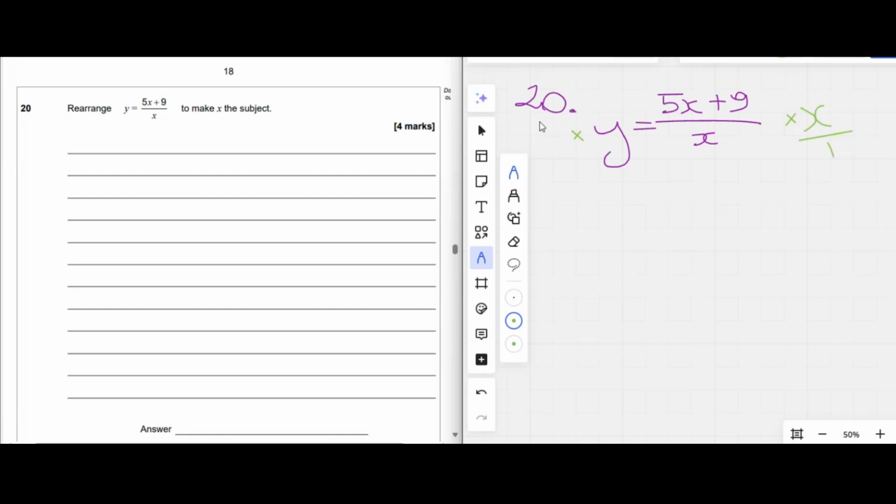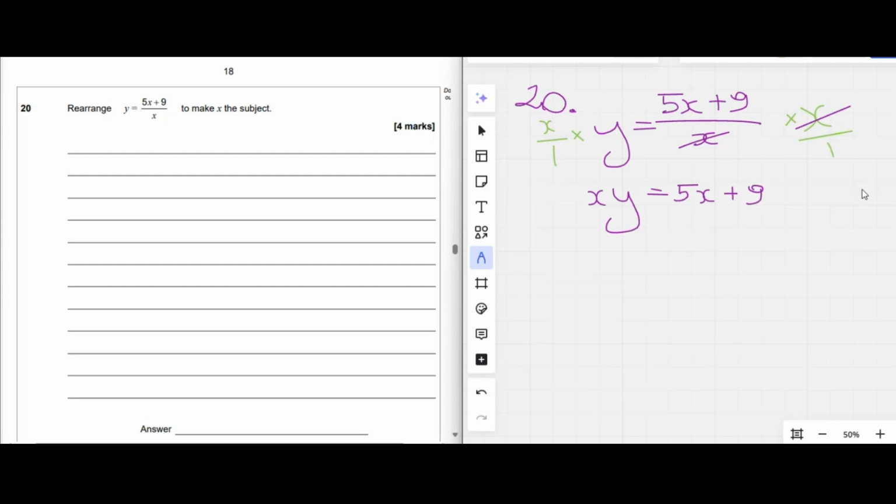And we need to do the exact same thing on the left side, so times x over 1, which is just times x. So x times y equals, once it cancels, it will leave us just the numerator on the right side.